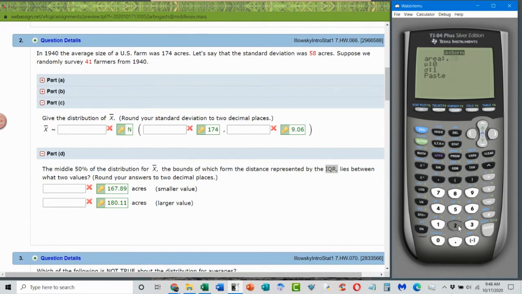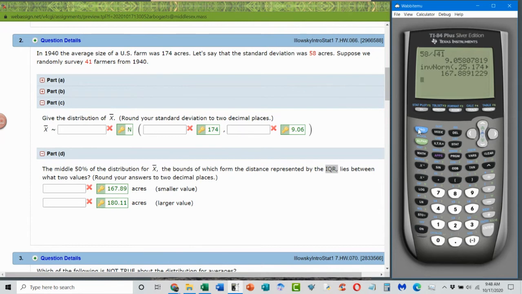My first area is 0.25, my mean is 174, and my standard deviation is 9.06. And I find that it's 187.889, so that rounds to that.